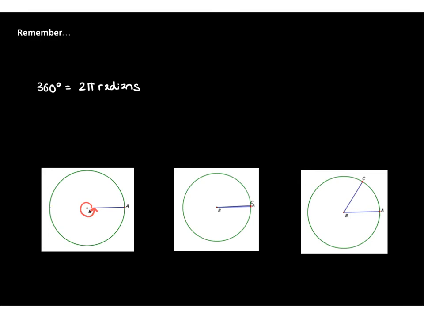If we have a half turn, of course, 180 degrees is equal to pi radians. And if we have a quarter turn, i.e. we create a right angle, like this, then we have pi by 2 radians. So 90 degrees is equal to pi by 2 radians.